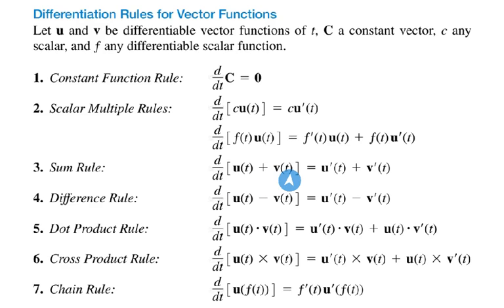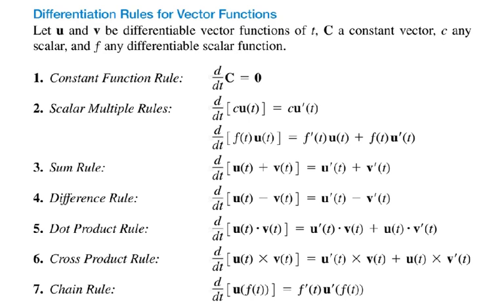The derivative of the sum of two vectors is the sum of the derivatives. Same for the difference, just that order matters when you're subtracting. So then we have the derivative of a dot product, first, second. First times the derivative of the second plus second times the derivative of the first. And the order doesn't matter so much with dot product.